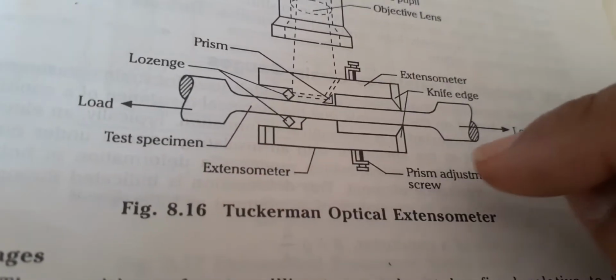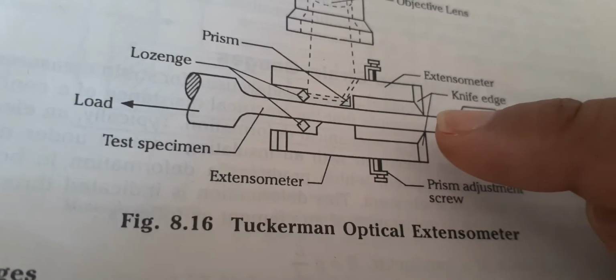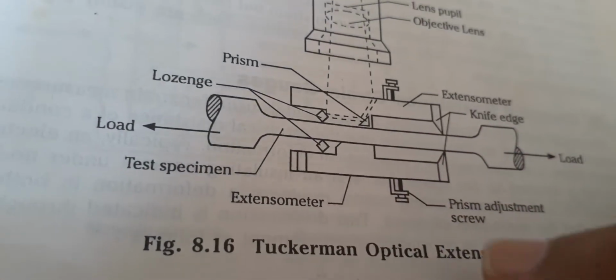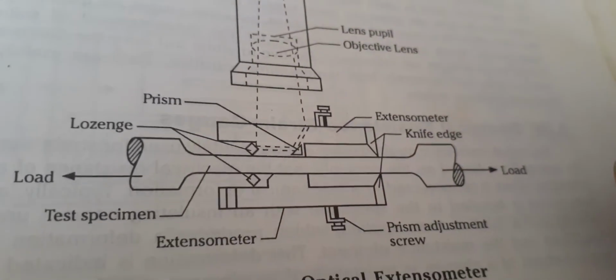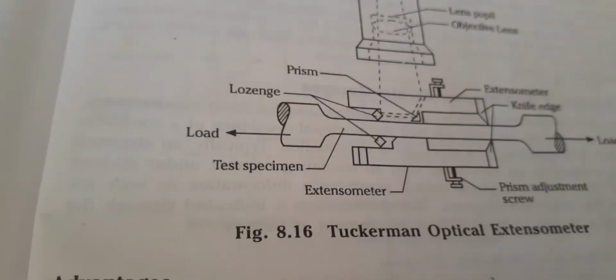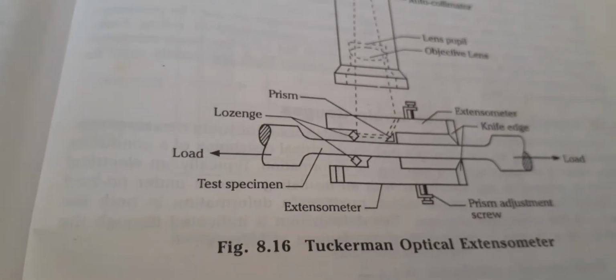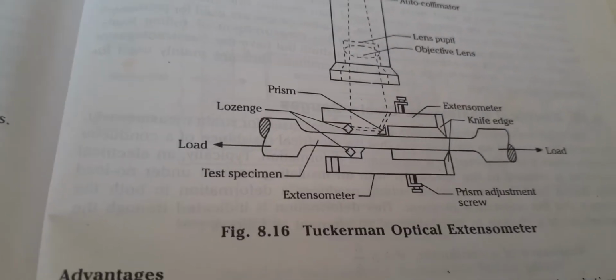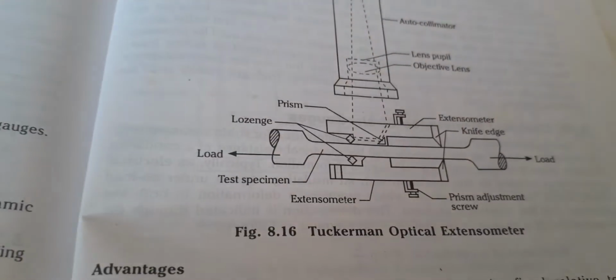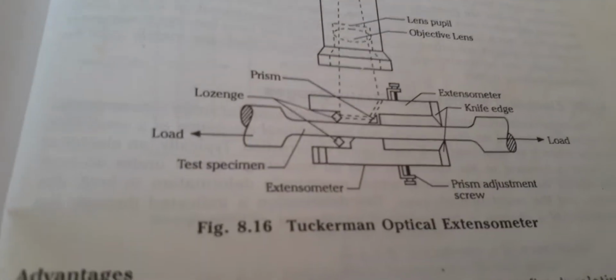There are two knife edges here, a fixed knife edge and a movable knife edge. The distance between the fixed knife edge and the lozenge changes due to loading. The lozenge rotates, and if the light beam falls on it, it is deflected.